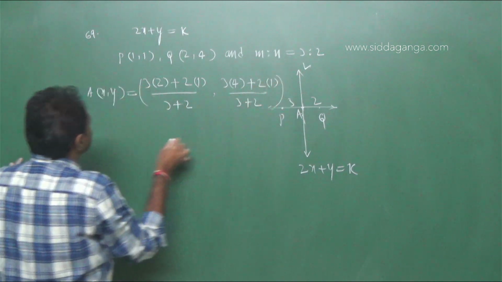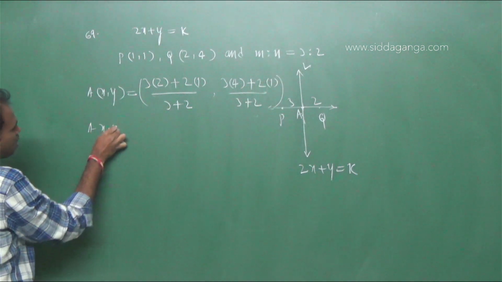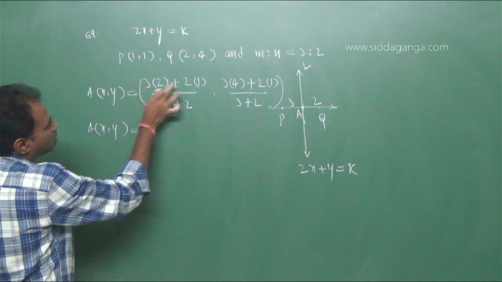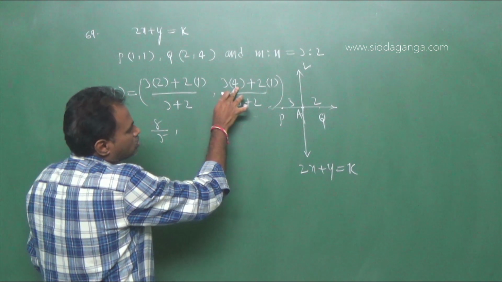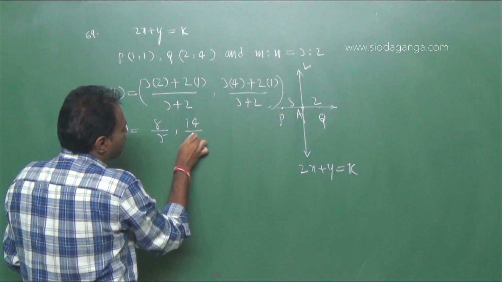Therefore, A(x, y) equals 6 plus 2, 8 by 5, comma 12 plus 2, 14 by 5.